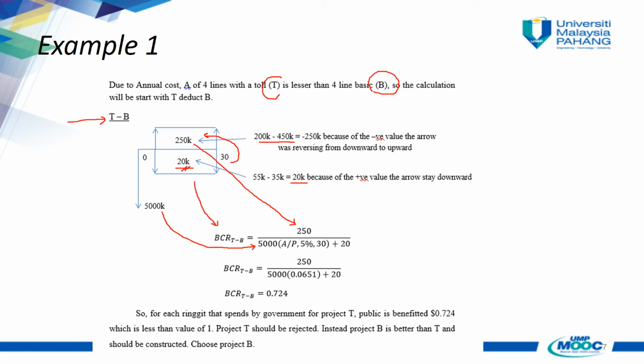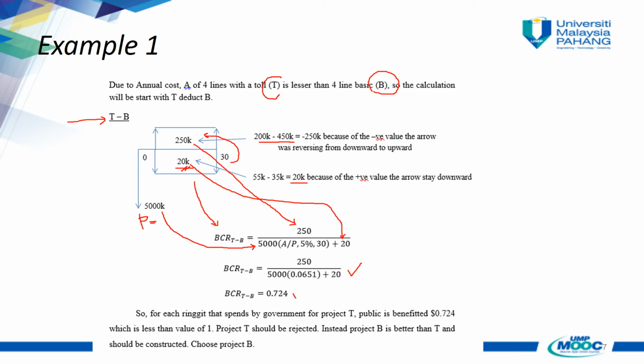So 5,000 multiplied by finding A when you knew the P, because this 5,000 here is represented by our present value or P. So we need to change this P to become A. So this 5,000 multiplied by finding A when we knew the P at 5% for 30 years, and then plus 20. 20 is derived from here.